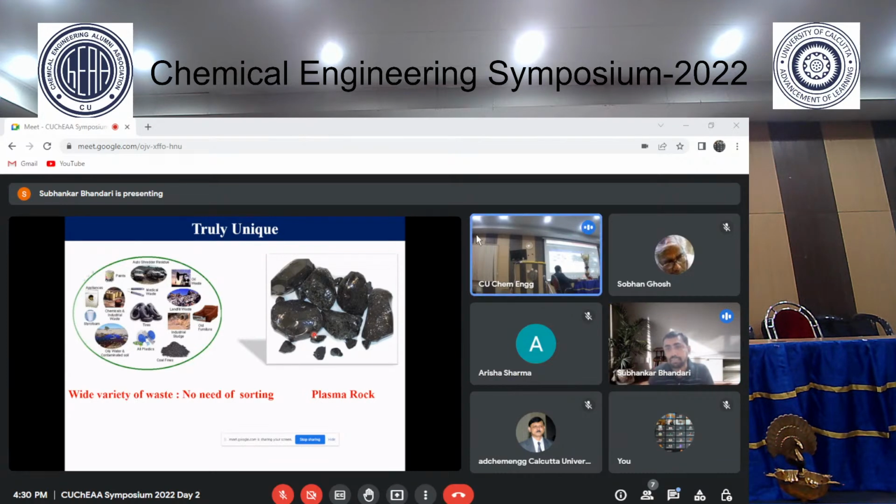It is called plasma rock, and it is totally non-leachable, chemically inert, and mechanically strong, so it can be used for road construction. So it is clear to you that waste management is basically our headache. But plasma gasification technology not only addresses that waste management problem, it also converts the waste into valuable products.